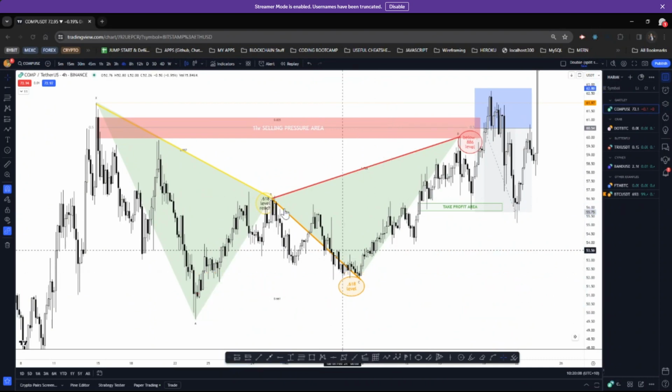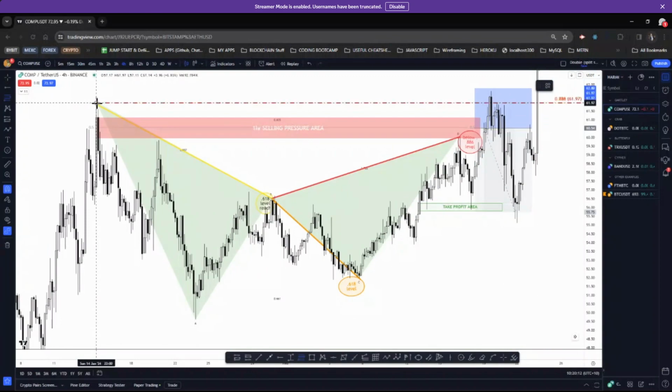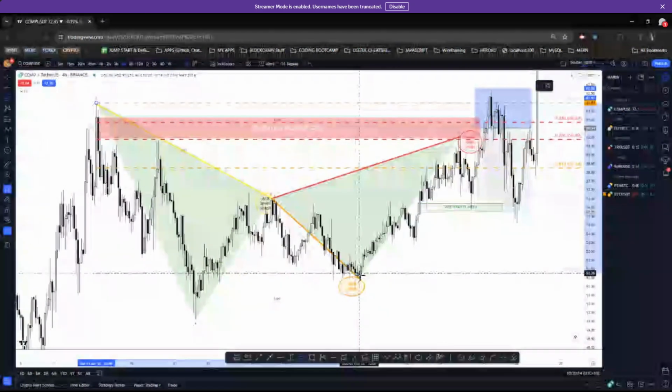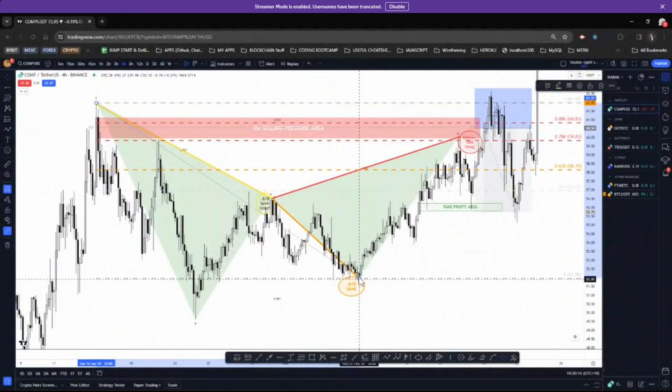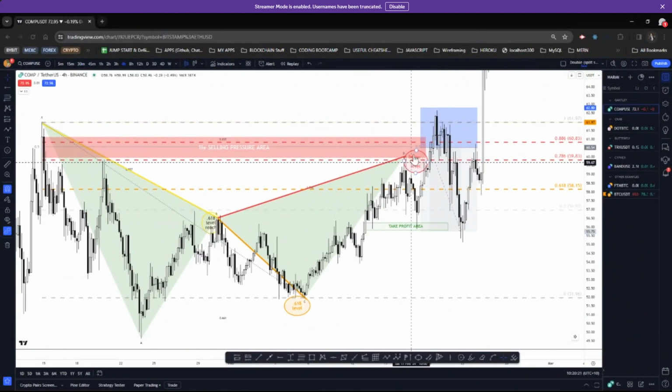The next area that we're going to have to take a Fibonacci extension from is from X to C. And we can see that from X to C, we've got to the 786, 886, and then we actually went above.